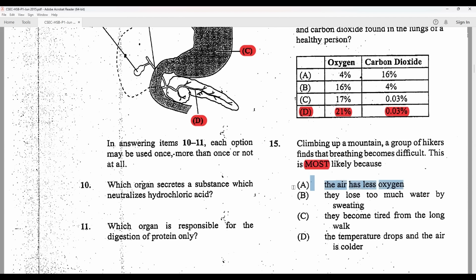This is the best answer, as opposed to the temperature drops and the air is colder. Right? These other answers are actually happening. They lose too much water by sweating. They become tired from the long walk. All of them could be factually correct, but this one is the best answer.